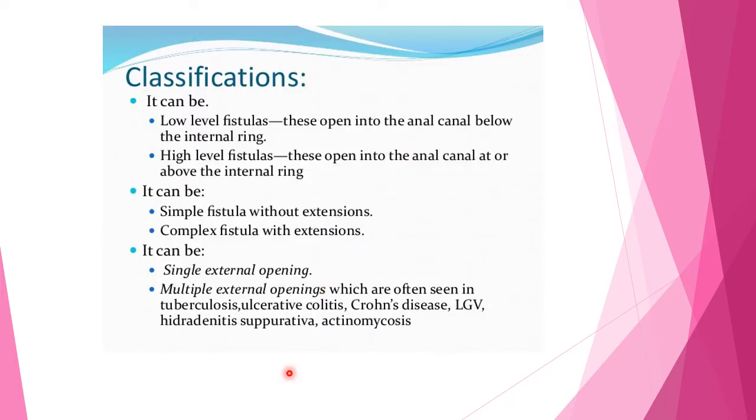Okay, classifications for clinical purposes can also be described as low types of fistula, when these open into the canal below the internal sphincter, and high level fistulas, which open above the internal sphincter ring. It can also be classified as simple fistula without extensions or complex fistula with multiple extensions.